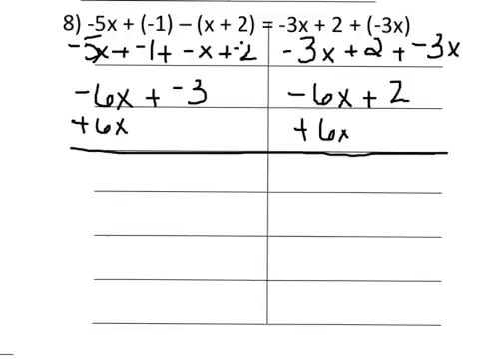And when I do that, this makes a 0 pair, so I am just left with negative 3 on the left. And also on the right, this makes a 0 pair, so I'm just left with 2 over here. And this is when I say my brain hurts. Negative 3 can't equal 2, and when that happens, that means that there is no solution to the problem.